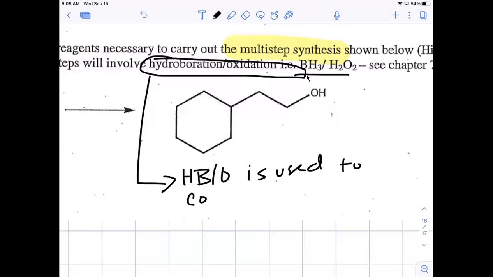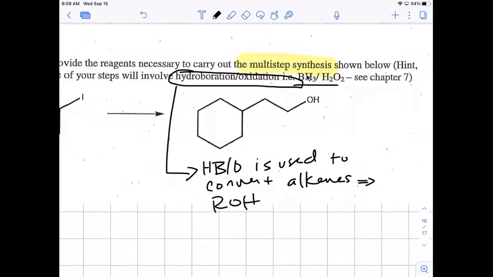We use that to convert alkenes into alcohols, right? We talked about this when we were doing stereochemistry and reactions, I think.